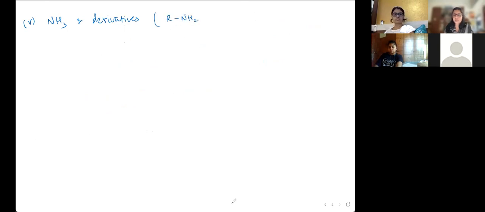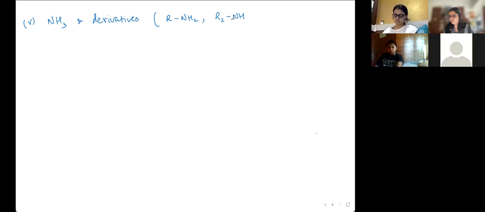All right. The last one, addition of ammonia and its derivatives. So when I talk about derivatives, things that have a nitrogen and hydrogen, like compounds containing nitrogen with single bonds. So apart from NH3, it could be RNH2. Amines are a derivative. It could be R2NH.